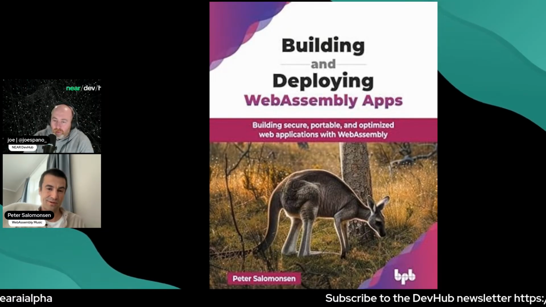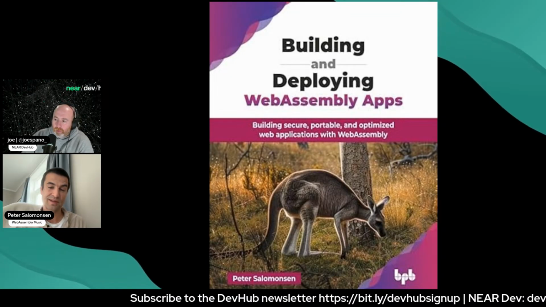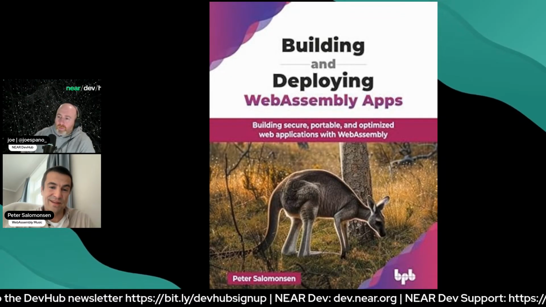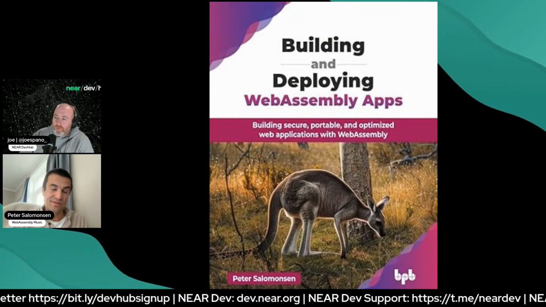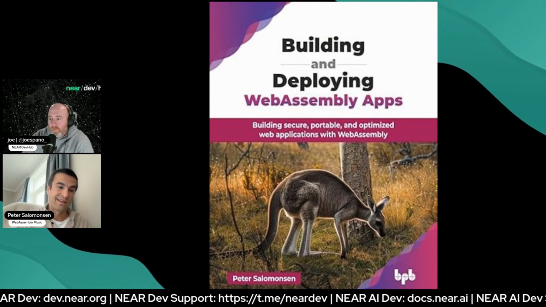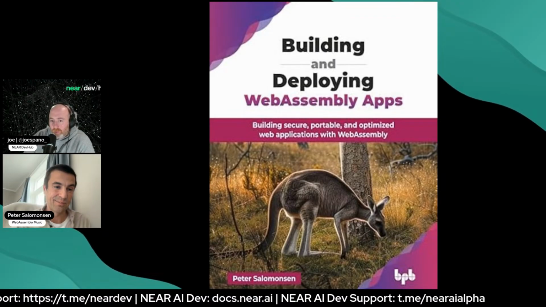For example, if you're going to write some mathematical functions, and this is demonstrated in the book as well, if you're just using the math functions of JavaScript compared to writing your own in WebAssembly, there's a huge difference in performance.